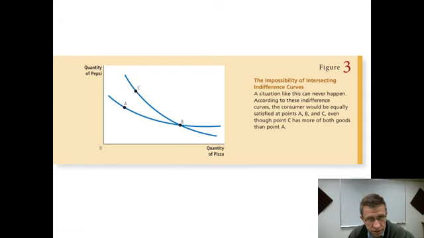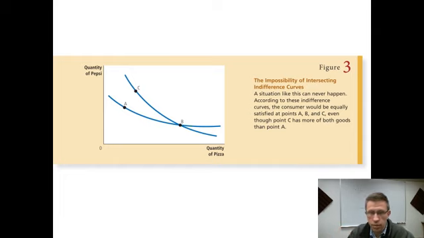So point C is clearly better than point A. So you are happier with point C than point A. However, since these indifference curves cross, the logic tells us that point B is just the same as point A, and point C is just the same as point B. Well, if you're just as happy with A or B, or C or B, that means you must be just as happy with A or C. Can't happen, right? So it is impossible for us to see indifference curves intersect.